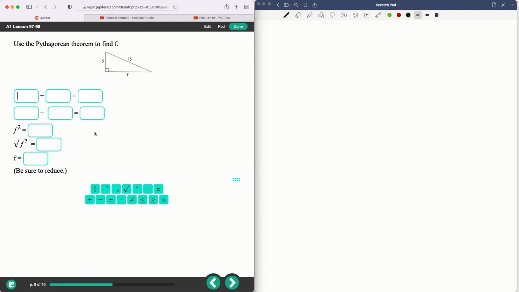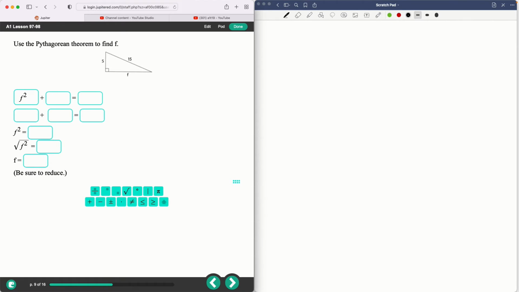So I have F squared. I did the base first this time for some reason. And then the upright. And then the hypotenuse. All right, so I still have F squared here.